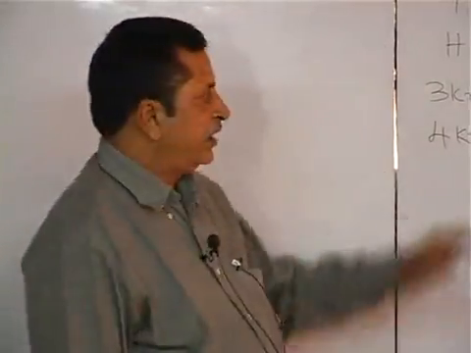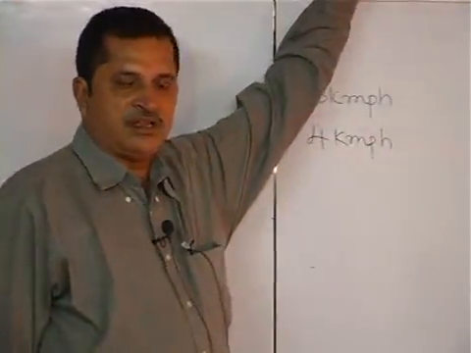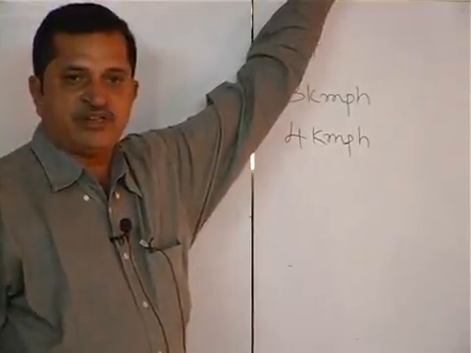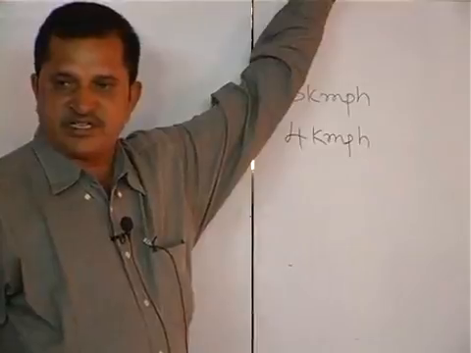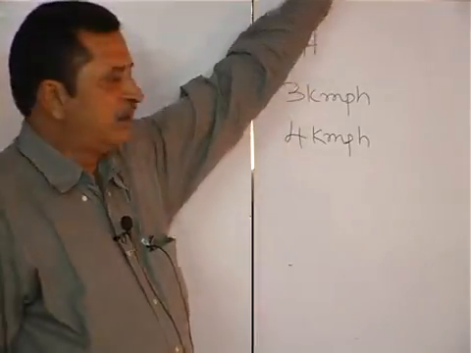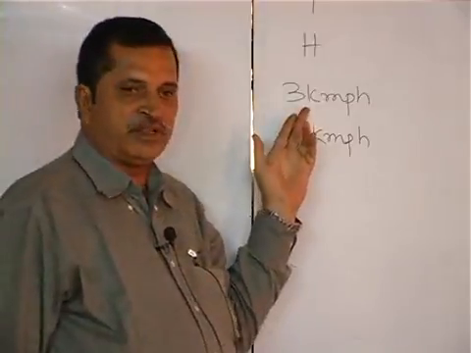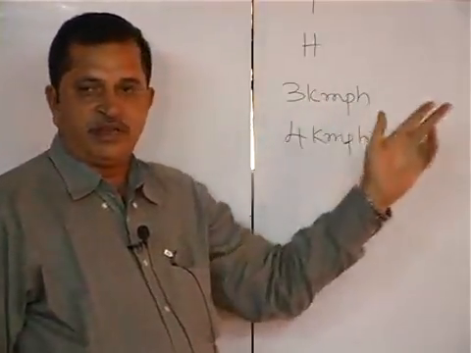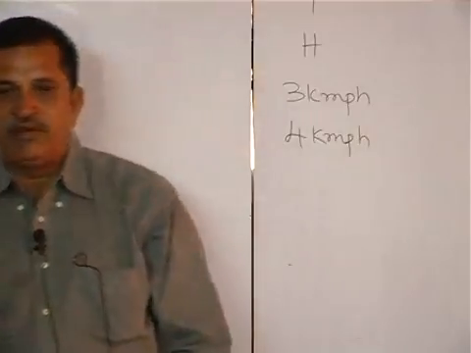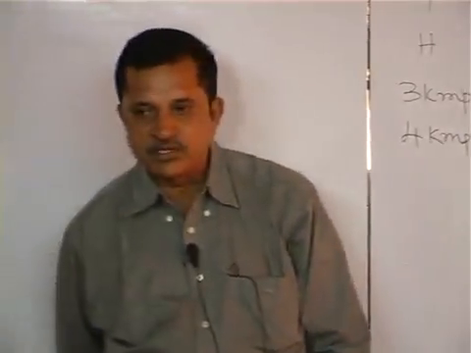See, either in the first case or in the second case, the distance between the house and school will not change. So distance is constant. What is happening? A boy is traveling with 3 kilometers per hour. He is reaching the school 10 minutes late. However, if he wants to go in time to the school, he will travel with a speed of 4 kmph.